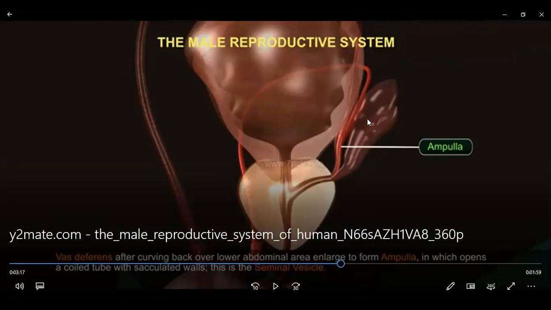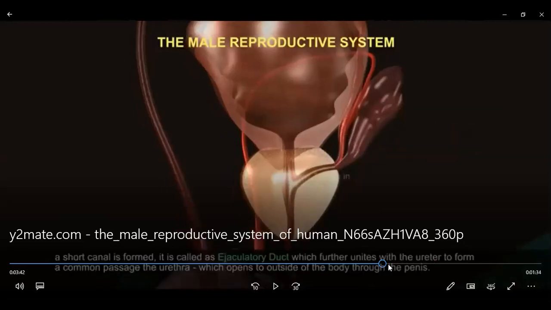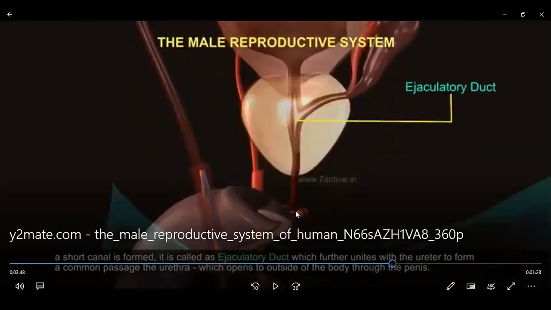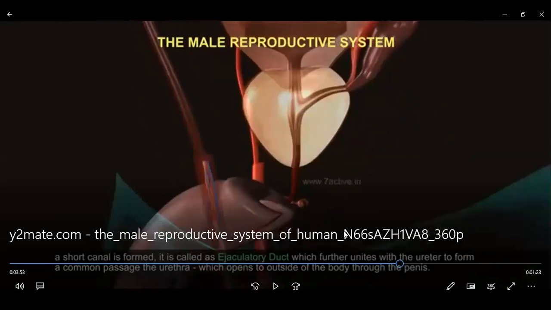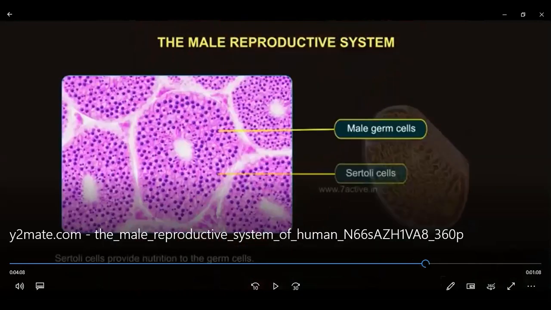So this is a seminal vesicle that will add some fluid. Then it comes to the prostate, that adds some fluid as well. And remember, there is another gland down the bottom there, this little gland right here called the Cowper's gland, that also adds fluid. So by the time we get into the urethra, which is in the penis, the sperm would have been mixed with the fluid.